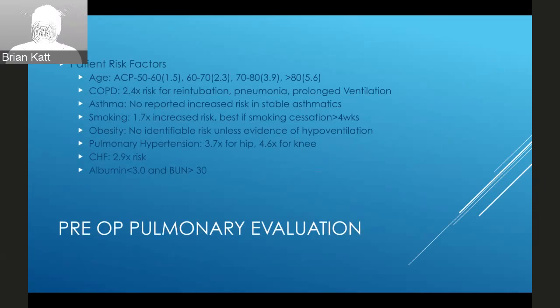If you're below 50, not a problem. If you're 50 to 60, about 1.5 times the standard risk for postoperative complications. If you're over 80, you're moving up past maybe 5 times above the baseline risk. So it's probably important to recognize that the baseline risk mercifully is pretty low.